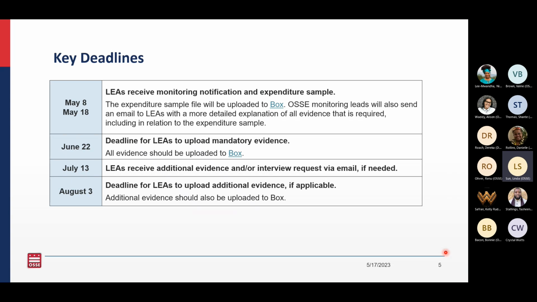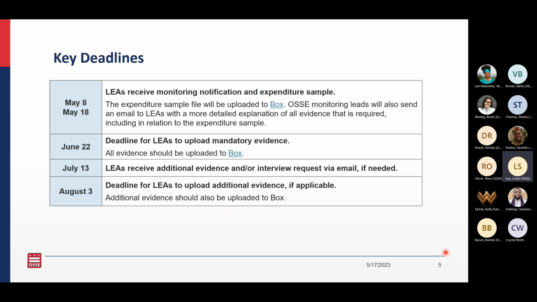So accordingly, your expenditure sample will also only consist of procurements as well, from your ESSER grants. If you did not do any procurements off of your ESSER grants, then you will not have an expenditure sample. And for those indicators, the only things you would need to provide are documents that are not specific to a transaction. So for example, your procurement policy.